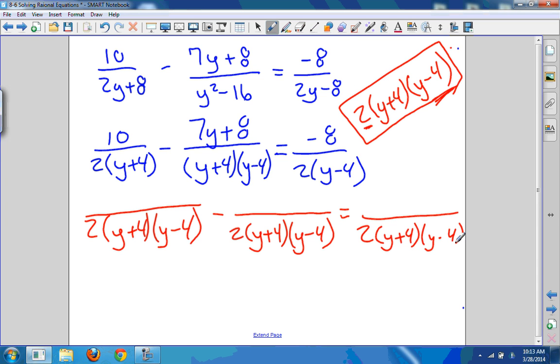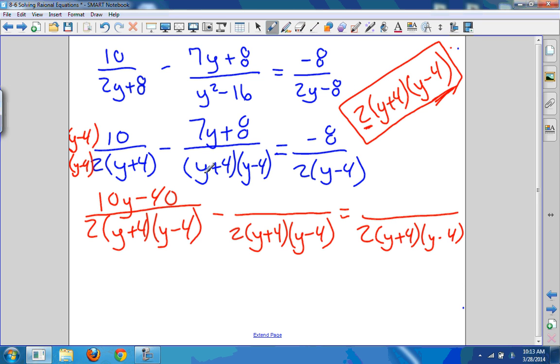Alright, let's try and do this quickly. So this denominator is missing a y minus 4, so that means I need to multiply this by y minus 4 over y minus 4. So I'll get 10 times y minus 4, which is 10y minus 40.